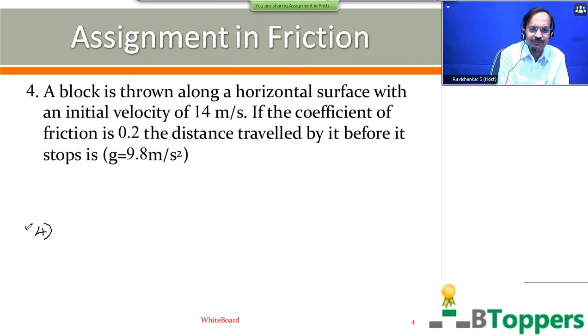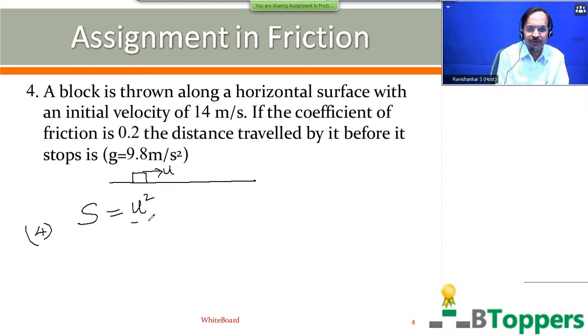In the beginning of friction, for stopping distance, as I discussed in the past, if a block is thrown along a rough horizontal floor with some initial speed u, then the distance traveled by the block along the rough horizontal floor during the retarded motion under the action of the forces mg, normal reaction and fk before it comes to rest is given by s equal to u square by 2 mu k into g.